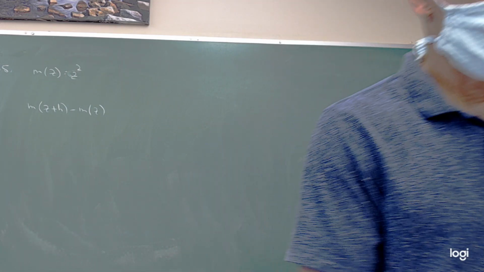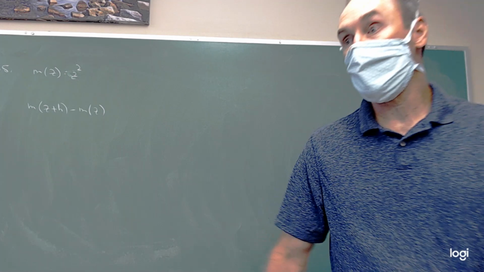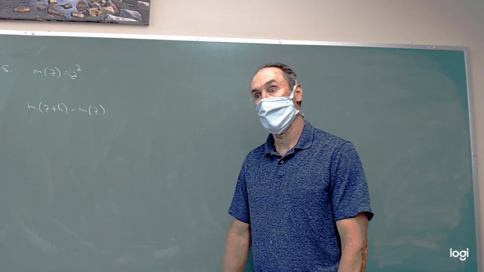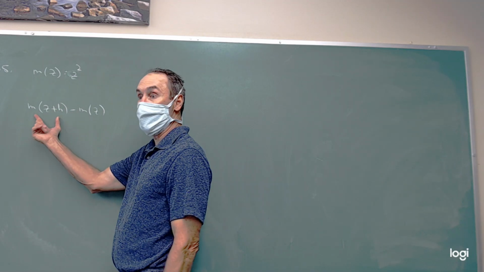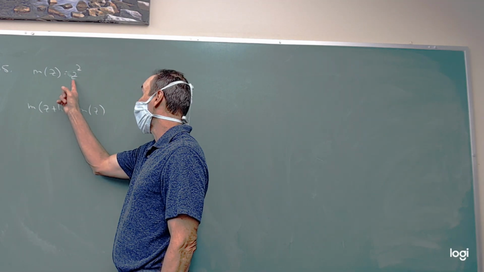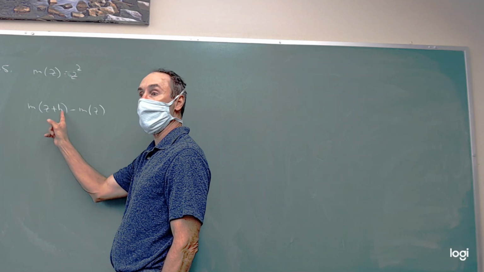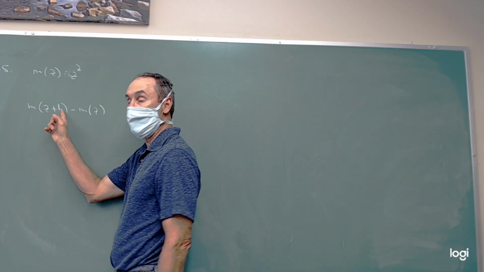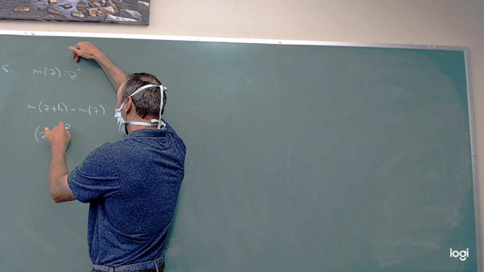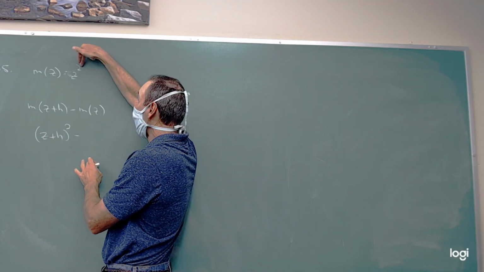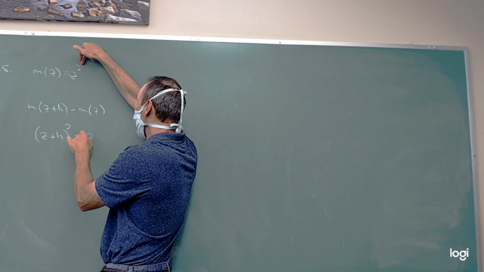These are going to be our favorite problems, the f of x plus h minus f of x all over h. Just trying to build up to it. So this is our m function here, and in place of this z, we're going to plug in z plus h. So that means we're going to get the z plus h squared minus the whole m of z, which is going to be just the z squared.